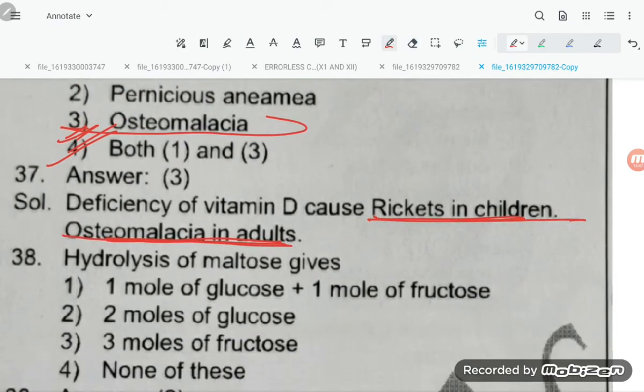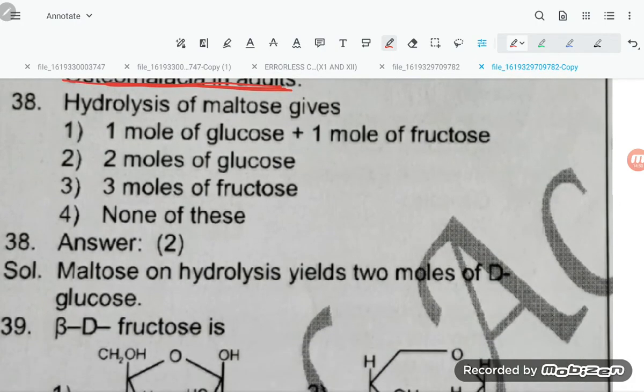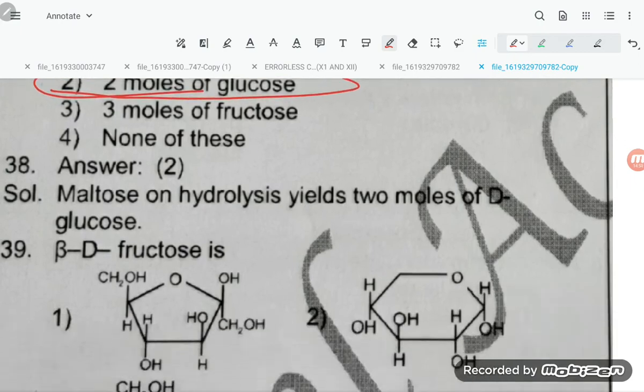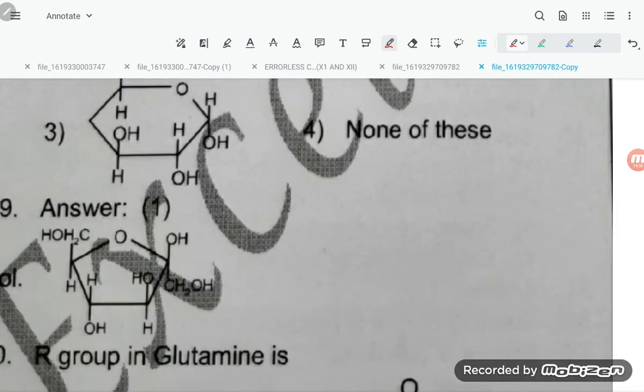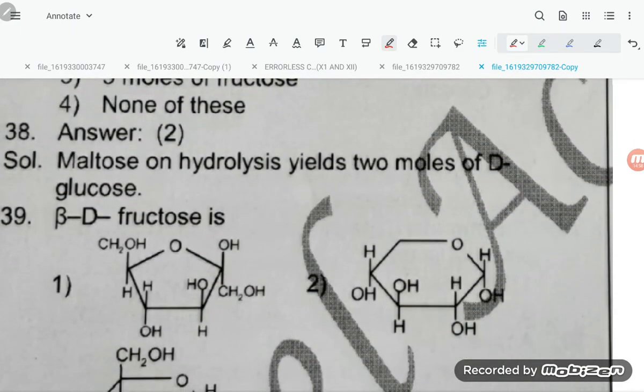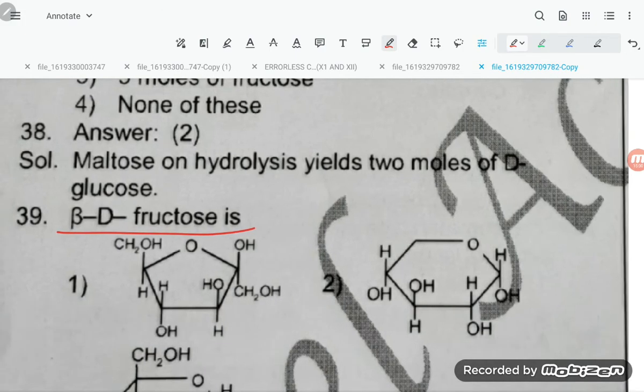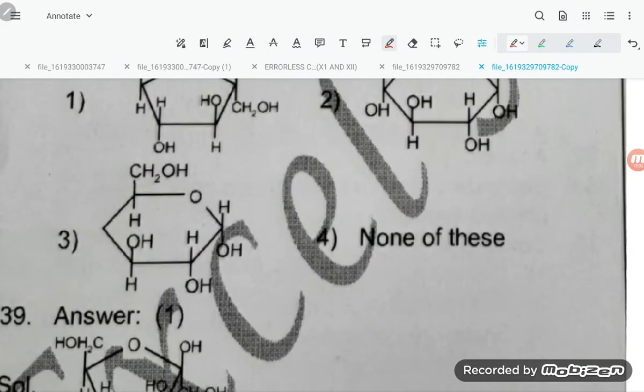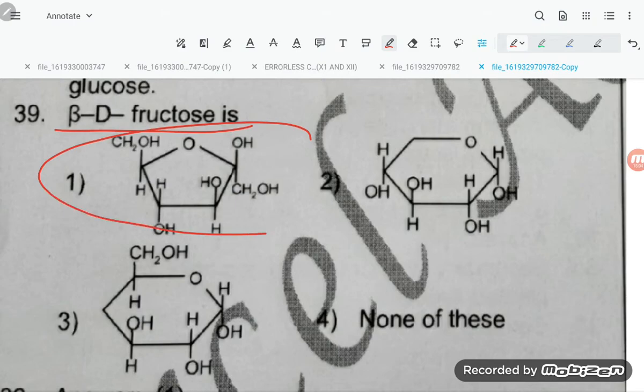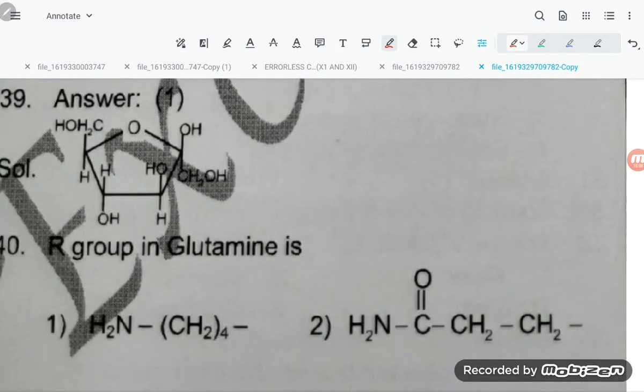Now next question. Hydrolysis of maltose gives 2 moles of glucose. Next one, they are asking which is beta D fructose. So the first option is the beta D fructose, that structure you have to memorize, student.